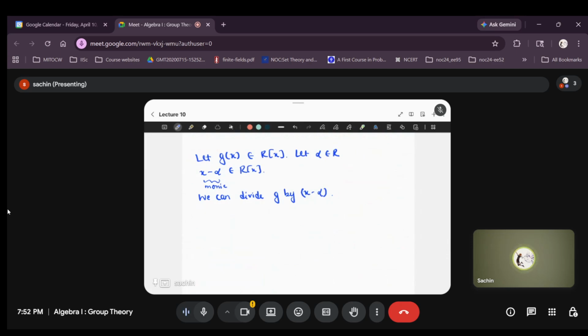Okay, then if you divide the polynomial g of x by x minus alpha, the remainder is g of alpha. Can you prove this? Use the division algorithm.